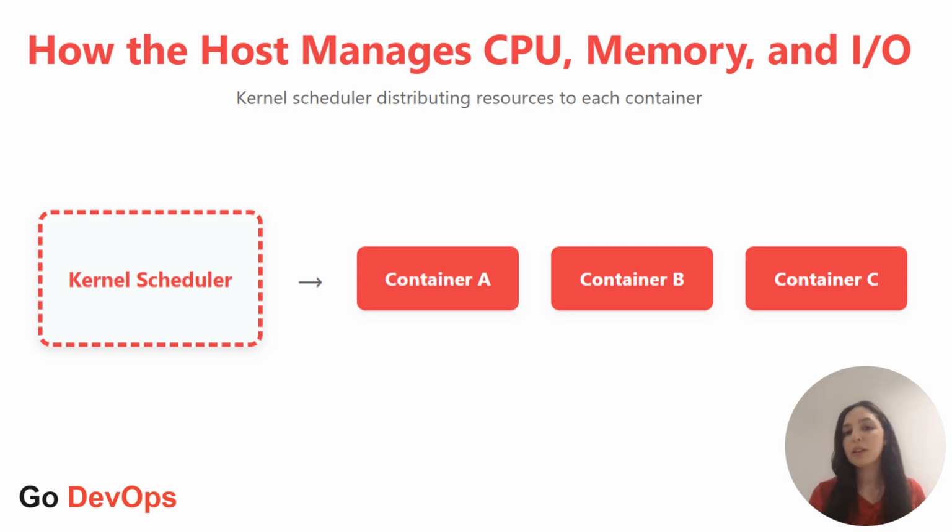No single container can starve the system, each container gets the resources promised to it, and the host remains stable even under heavy load. In other words, the kernel is not just executing syscalls, it's also acting like a referee, constantly distributing resources between containers while keeping everything within the boundaries we've set.